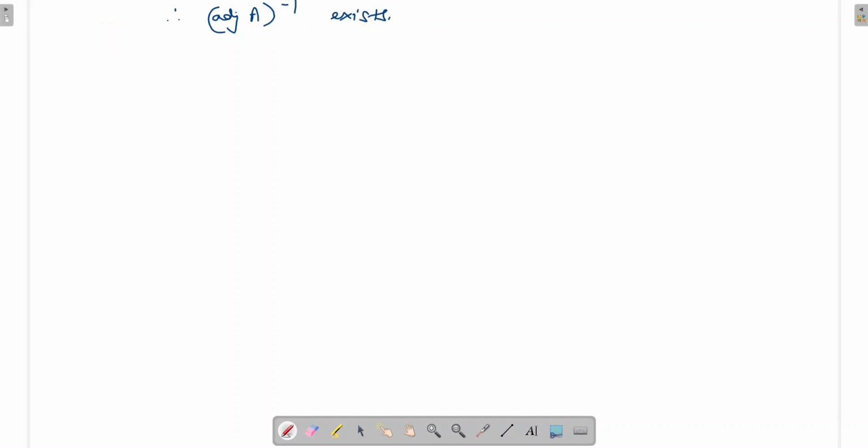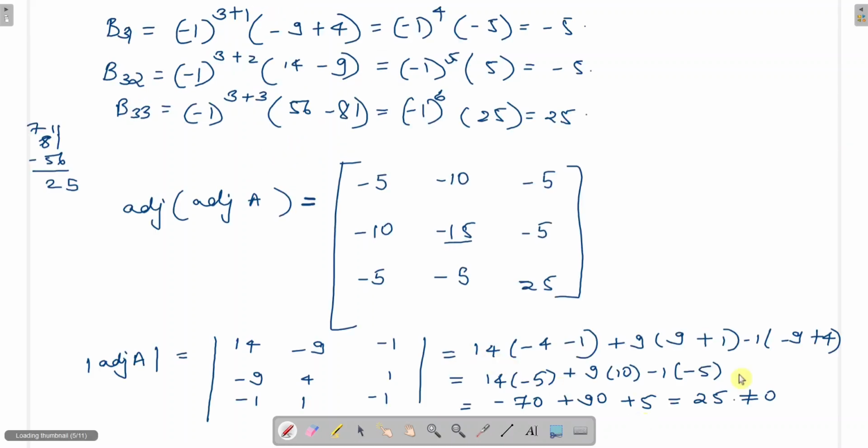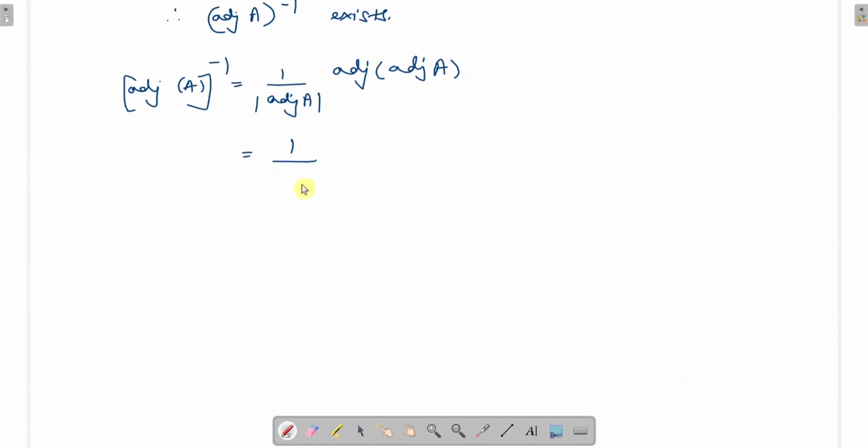Okay, so adjoint of A inverse will be nothing but 1 by determinant of adjoint of A times adjoint of A. This will be equal to 1 by determinant of adjoint of A, which is 25.